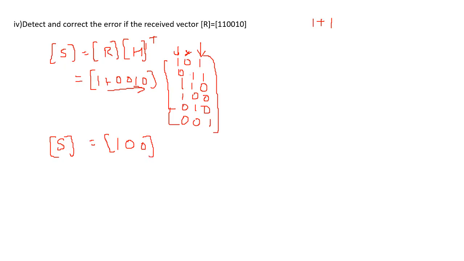Now in this problem S is not equal to 0, so it means that there is an error. So how to detect the error? Check in which row of the H transpose matrix 1 0 0 is present.